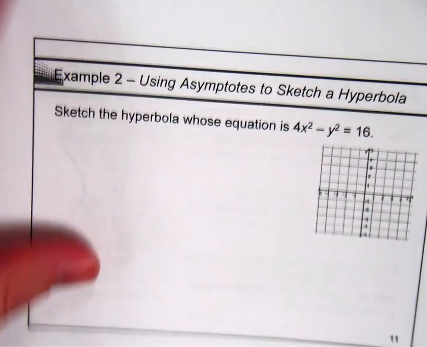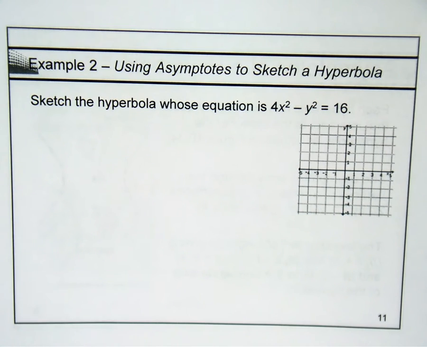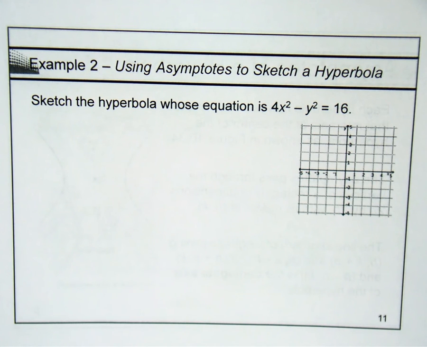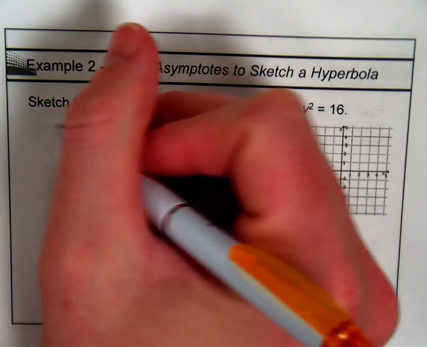Okay, let the fun stuff begin here, huh? Sketch the hyperbola whose equation is 4x squared minus y squared equals 16. So we know that this is supposed to equal 1, so we're going to divide by the 16.